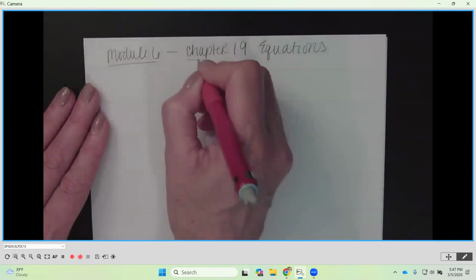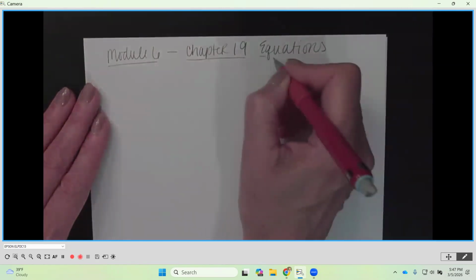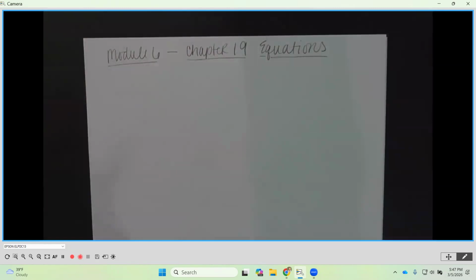Now, besides looking at kinematics, has anybody else encountered harmonic motion in any other courses that you've taken? Electricity classes, yes.